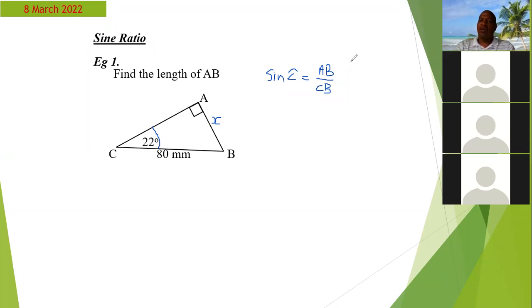So in the ratio that you wrote, you're going to replace the C with the value of the angle. So you're going to have sine of 22 degrees.